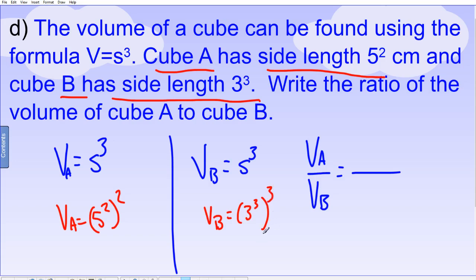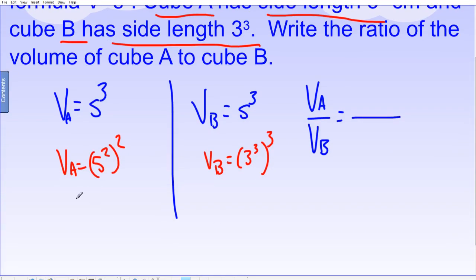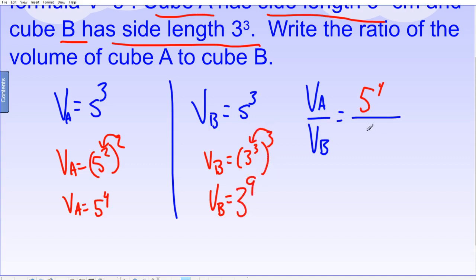Or actually, I don't care which one's bigger. I just need to write it as a ratio. So then, volume of cube A, if I simplify this math, I would multiply my exponents. Volume of cube A is 5 to the 4th power. Volume of cube B is, multiply my exponents, 3 to the 9th power.